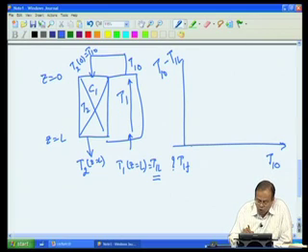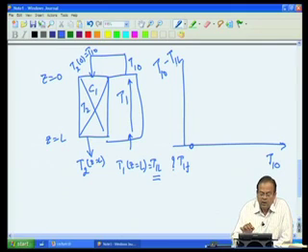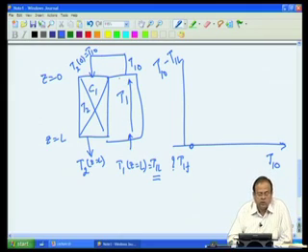So, at a low value of T1 0, my T1 L will be pretty much close to T1 0, because very little reaction. So, no change in temperatures across this entire length. Okay. So, that is one limit.